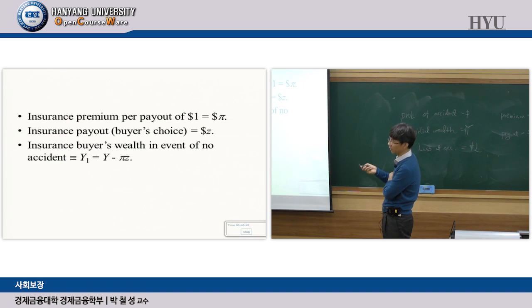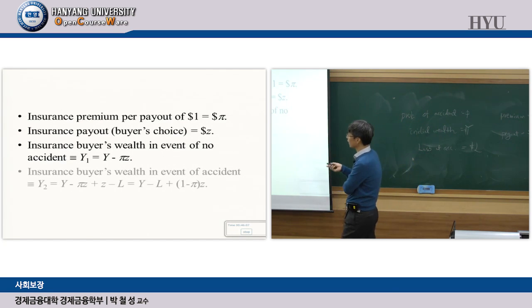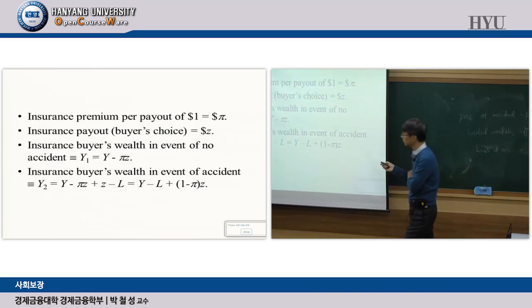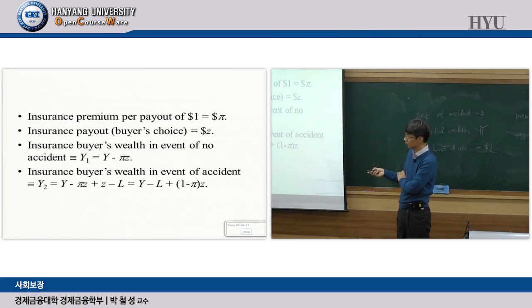Now, what is the choice of the insurance buyer? If you buy insurance and choose $Z of payout, then the total premium is pi Z. If nothing happens, you get nothing, but you still have to pay pi Z. We call that Y1, so Y1 is Y minus pi Z. If an accident happens, we call it Y2.